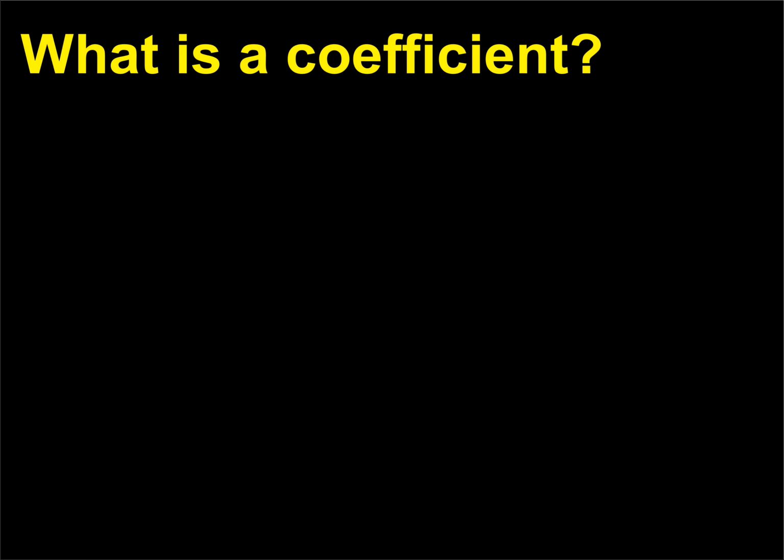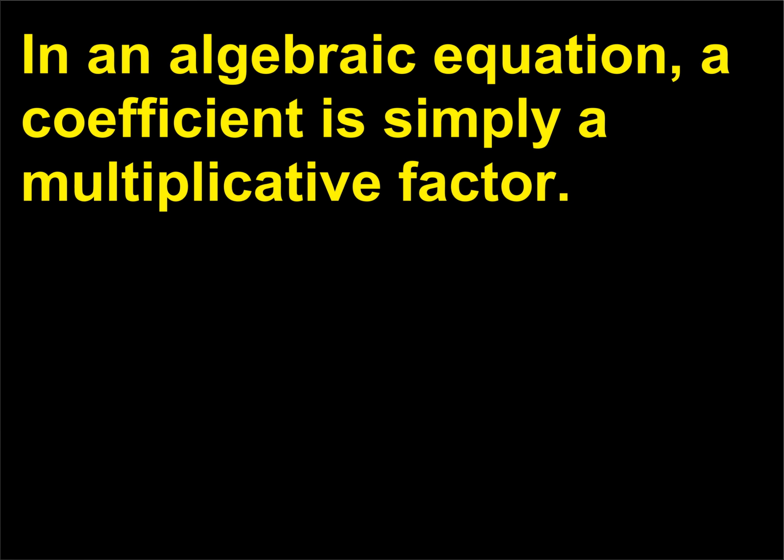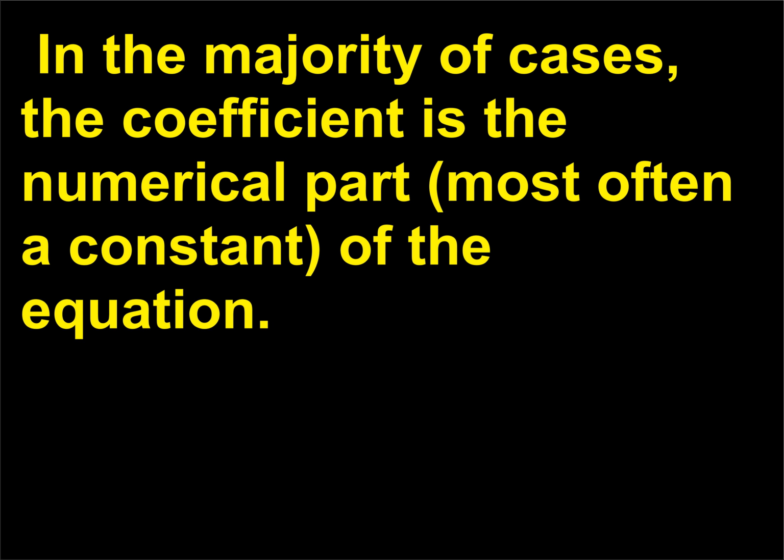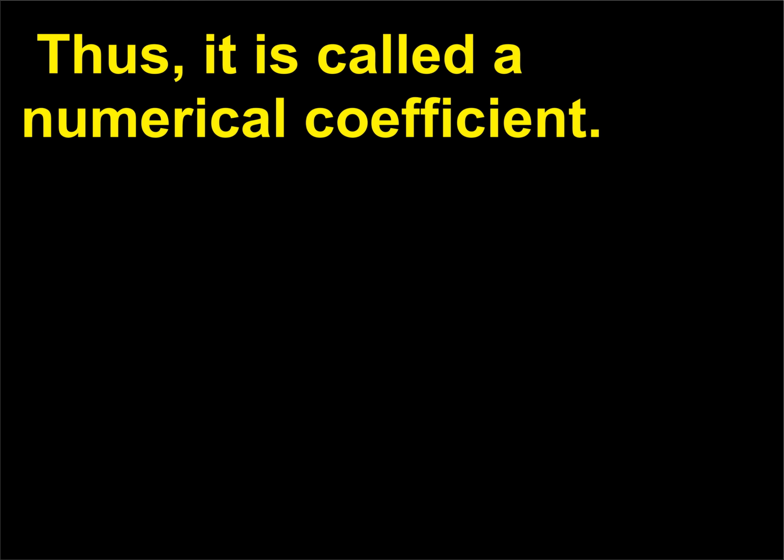What is a coefficient? In an algebraic equation, a coefficient is simply a multiplicative factor. In the majority of cases, the coefficient is the numerical part, most often a constant, of the equation. Thus, it is called a numerical coefficient.